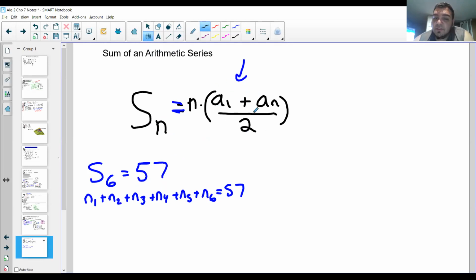And this right here, if you notice A1 and AN, you're adding it, then dividing by how many numbers you're adding together. That's just the average. So basically what we do is take the average of our biggest and smallest, divide it by 2, and then multiply it by n. You take the average of what?